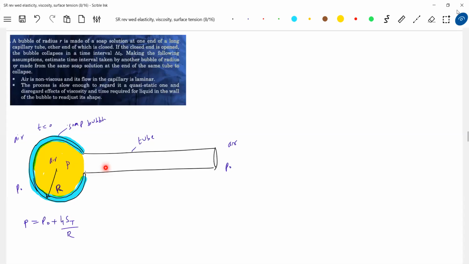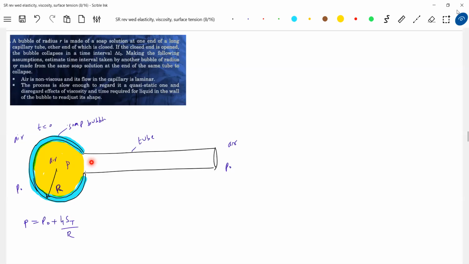As the air starts flowing, what happens to the bubble? The bubble starts collapsing. So that's what he's asking. Estimate the time interval taken by another bubble of radius. If the closed end is open, the bubble collapses in a time interval delta T naught. So how much time will the bubble take to collapse?